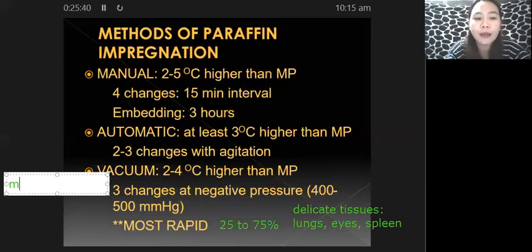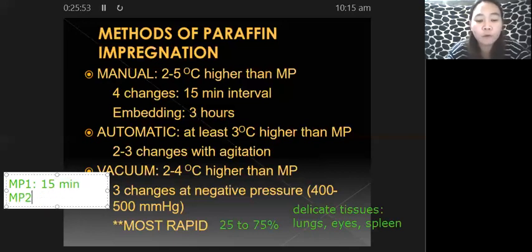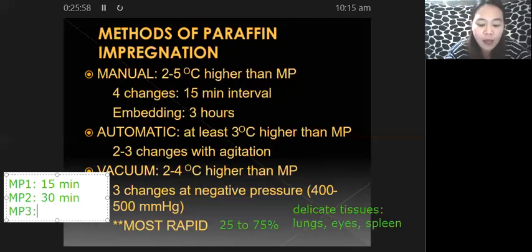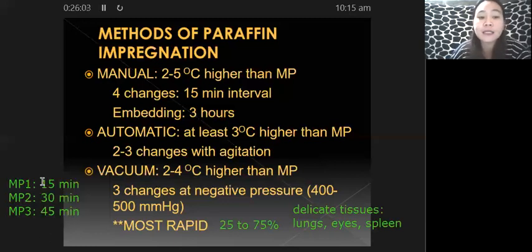Immerse your sample in melted paraffin 1 for 15 minutes, melted paraffin 2 for 30 minutes, and melted paraffin 3 for 45 minutes. Those are the durations of immersion for the vacuum method.